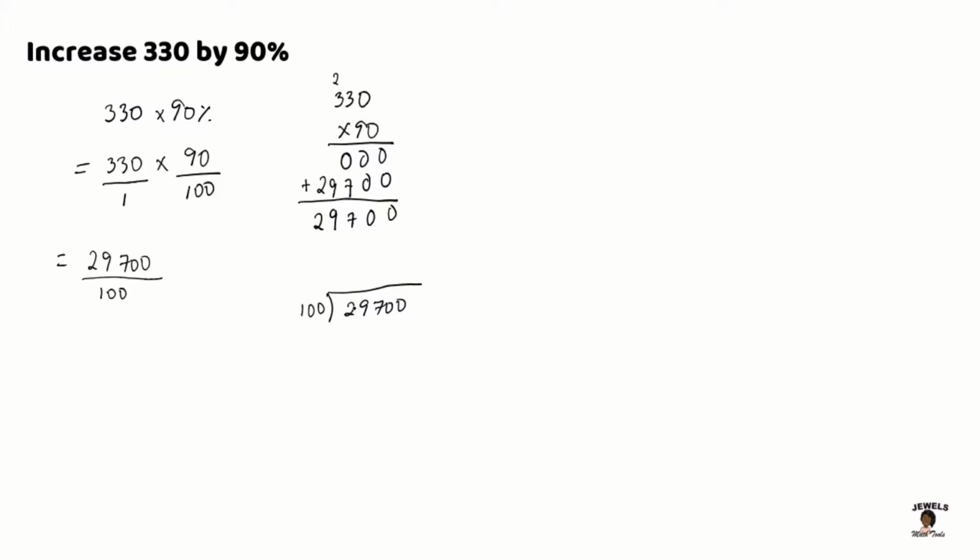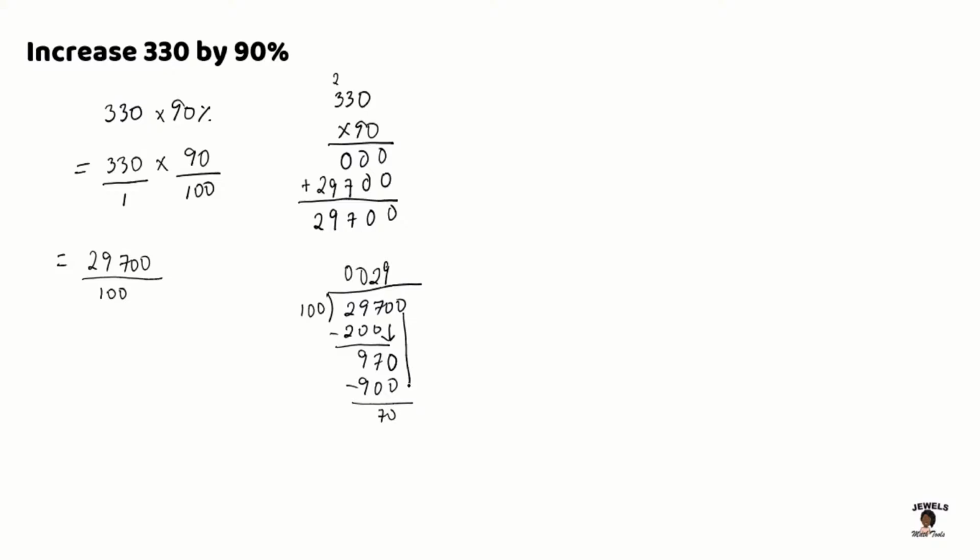So 100 can divide into 2. 100 can divide into 29, so we'll add a 0. 100 divides into 297 2 times. 2 times 100 is 200. 297 minus 200 is 97. We'll bring down a 0, changing 97 into 970. 100 divides into 970 9 times. 9 times 100 is 900. 970 minus 900 is 70.